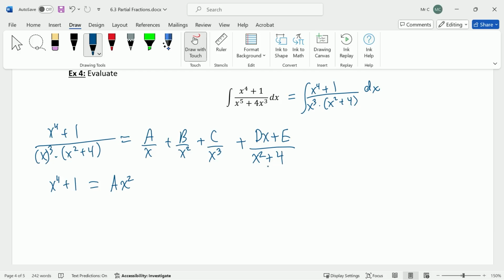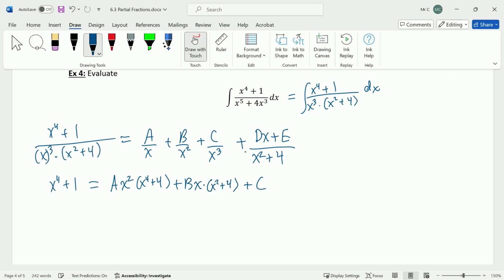And then I'm also missing this x squared plus 4 factor, plus b times. And again, we look, what's our largest factor of x? x cubed. So to get a common denominator, I'd need to multiply by x over x. So multiply by x. And I also need the factor x squared plus 4.